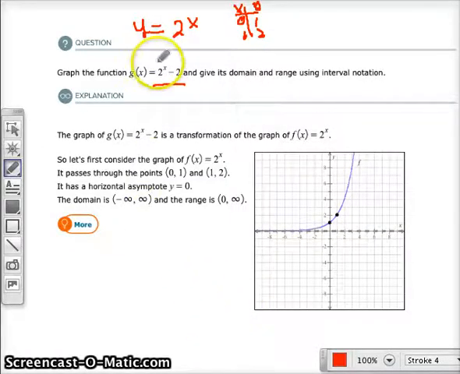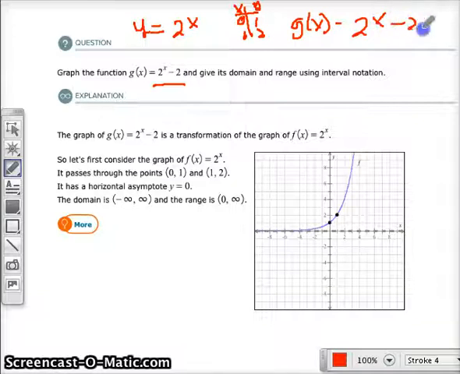But they have a transformation here. They're saying g of x is equal to 2 to the x minus 2. So what we're going to have to do is move these 2 points down 2 units. So instead of 0, 1, we have 0, negative 1. And instead of 1, 2, we have 1, 0.